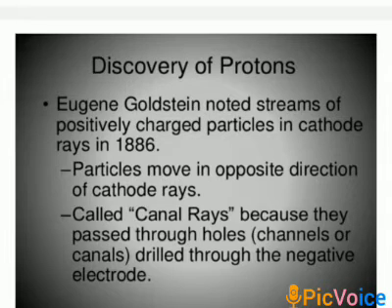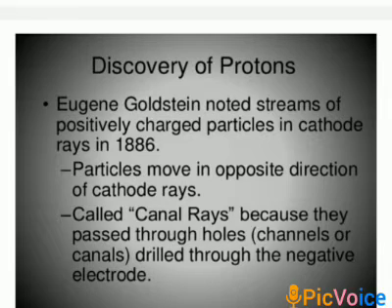The formation of cathode rays has shown that all the atoms contain negatively charged particles called electrons. Now, an atom is electrically neutral, so it must contain some positively charged particles to balance the negative charge of electrons.